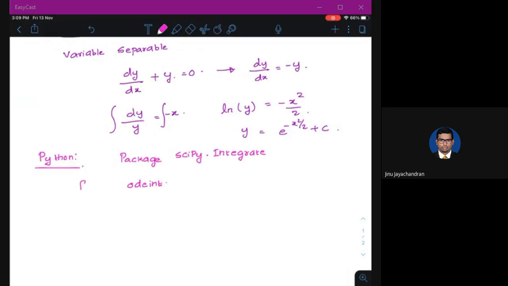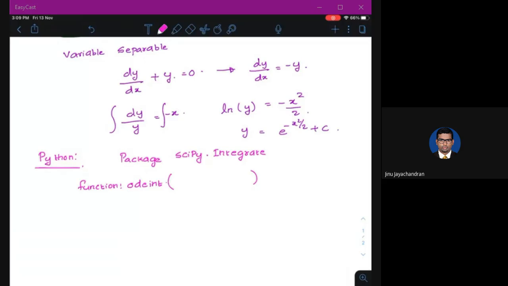Okay, so this is the function. ODE means ordinary differential equation integration. This is the one; when you give the arguments, it will give you the solution.